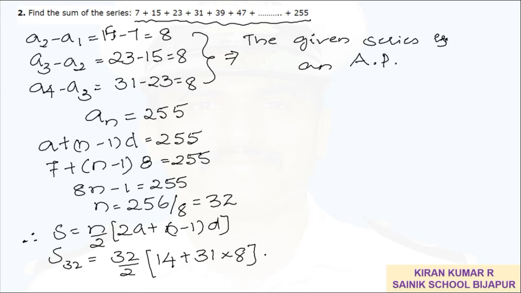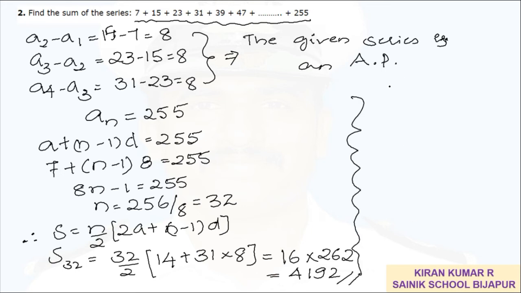Let me simplify here. It is 16 multiplied by 14 added to 248, that is 262. We get 4192. This will be the sum. This is one of the methods.